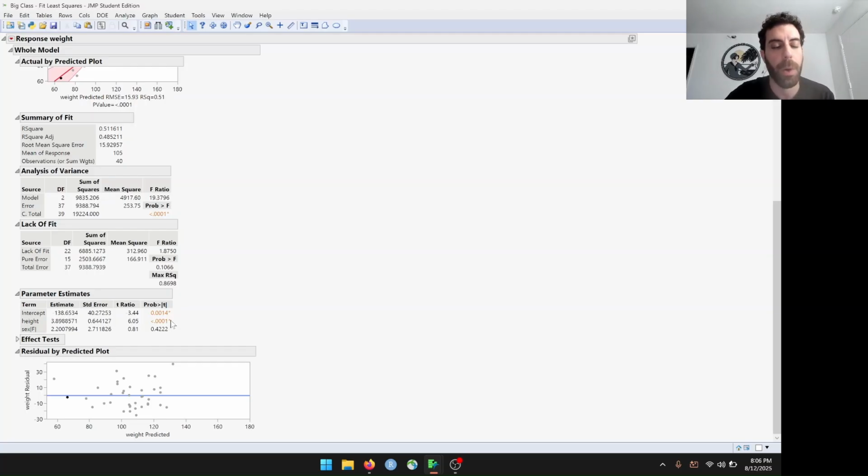It's 0.01%, which is telling us that height is hugely influential in predicting weight. And more specifically, the interpretation is that as height increases, weight increases by about 4 units, or 4 pounds, I should say, which is our measure of center.